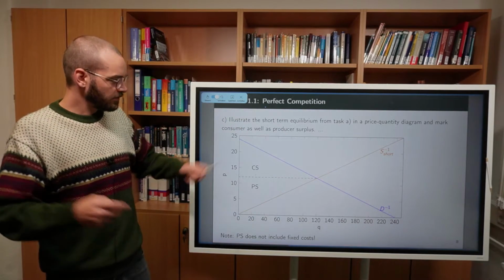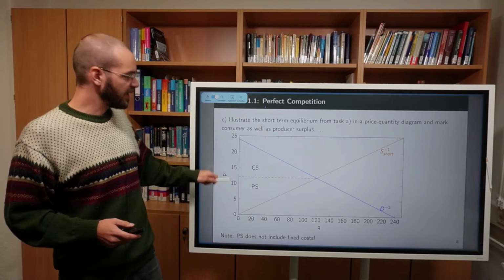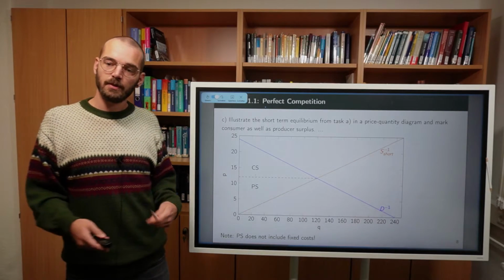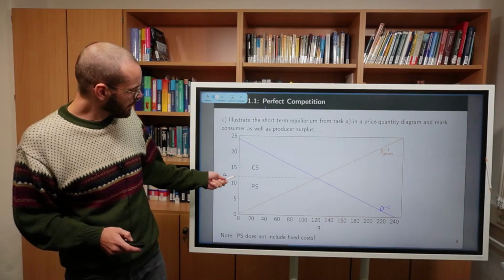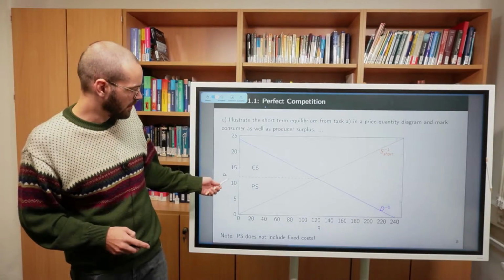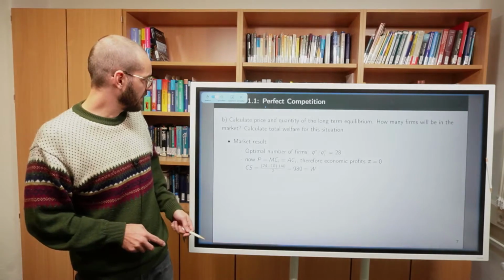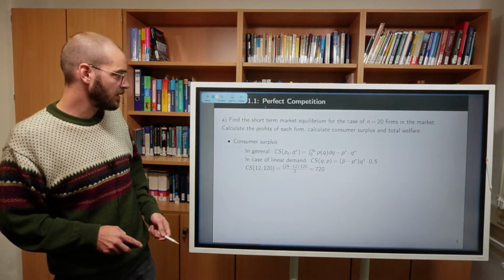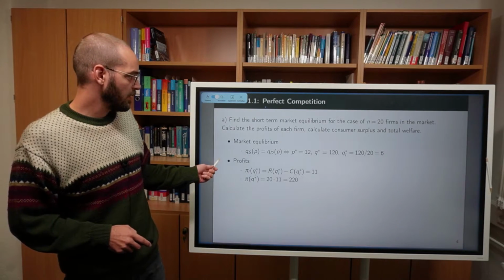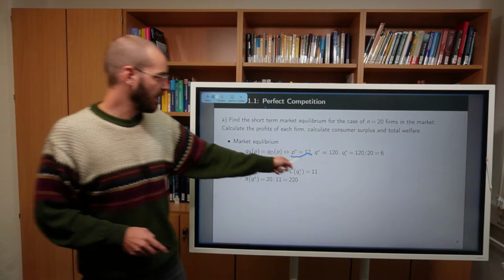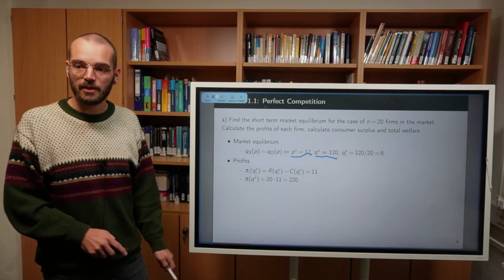And we also know from our calculations earlier that the market equilibrium price in this situation will be 12 and the total quantity will be 120.